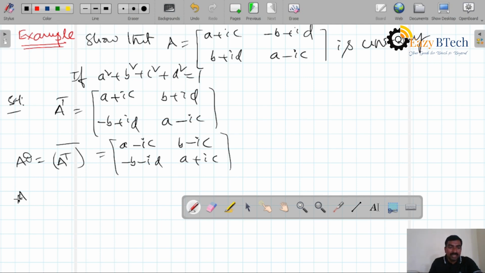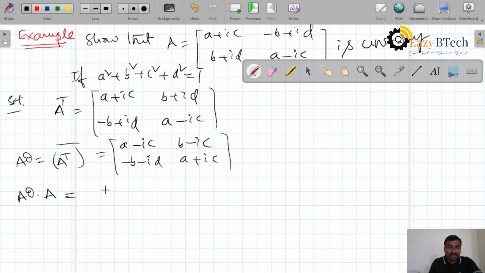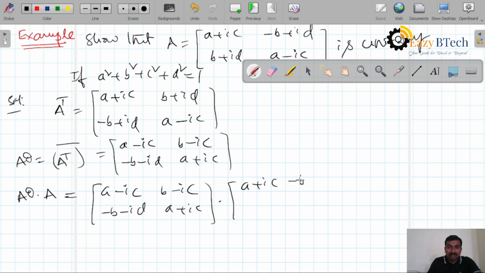Then we require A power theta into A. But already you know A and already you know A power theta. A power theta is a minus ic and b minus id, minus b minus id and a plus ic. This is A power theta into A. What is the given matrix A? a plus ic and minus b plus id, and b plus id and a minus ic.